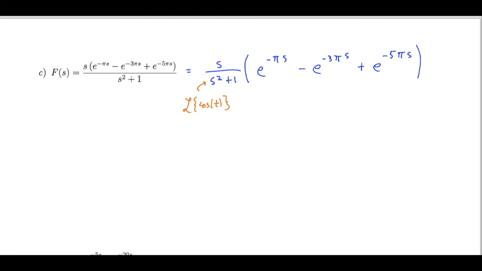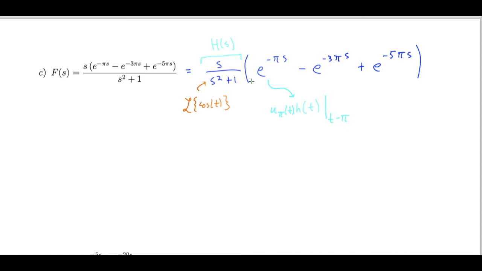What we do sometimes, and this is something that we encounter relatively commonly, is we'll name this transform component something like capital H. So we recognize that we've got a transform that we know, and we'll call that capital H. And then since that capital H is multiplied by several switches, I know that each of those switches will yield the inverse transform of H, which I've labeled here as little h of t.